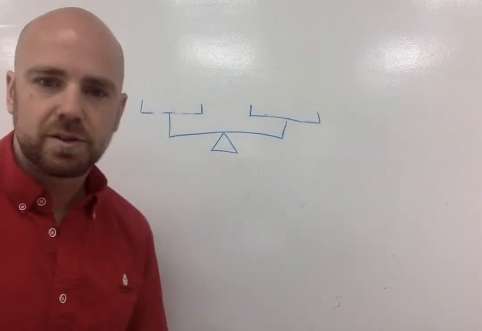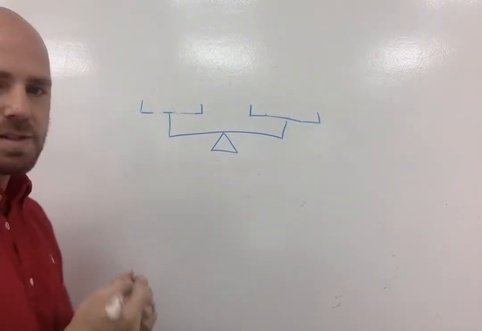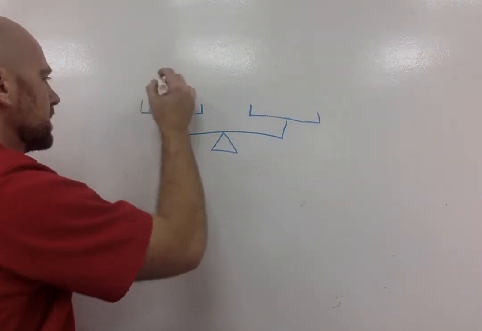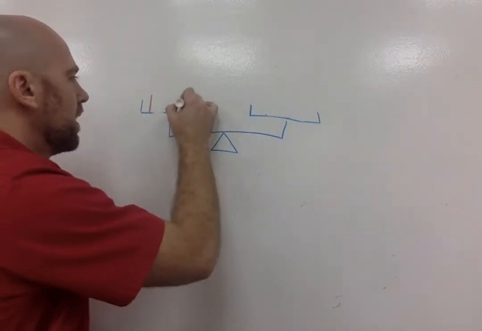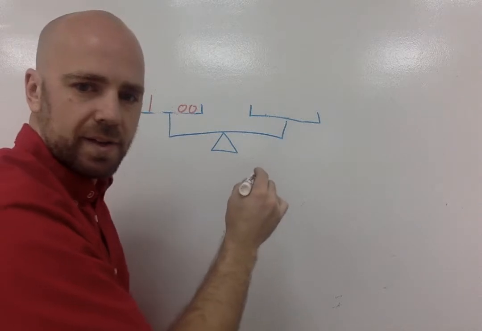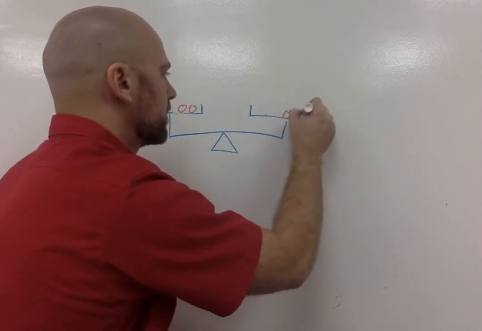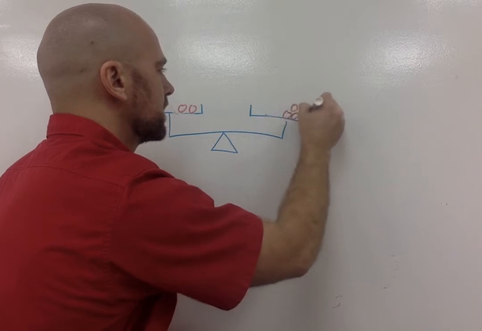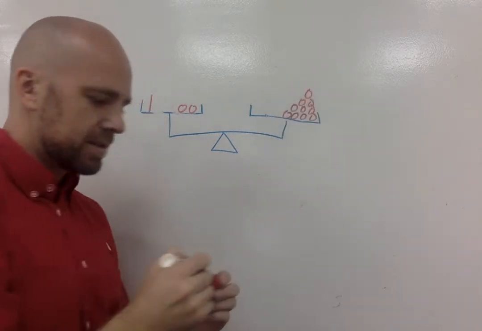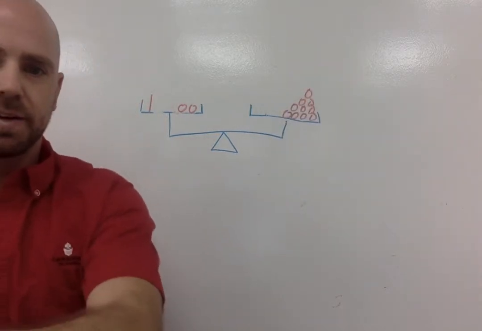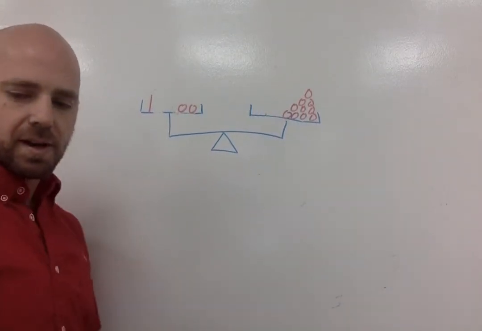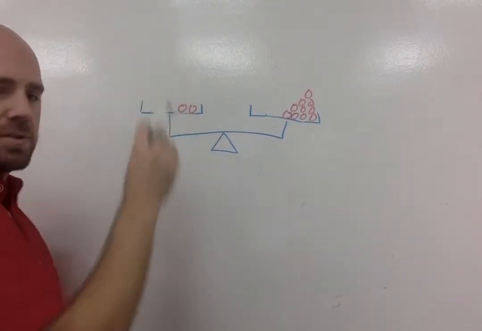All right. So let's say we've got 6 A's. I'll have 2 over here, and then I'll have 10 on this side, and then for my A's, I'll do those in green.